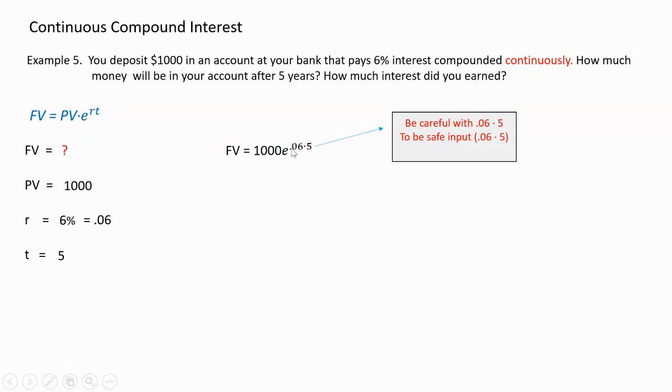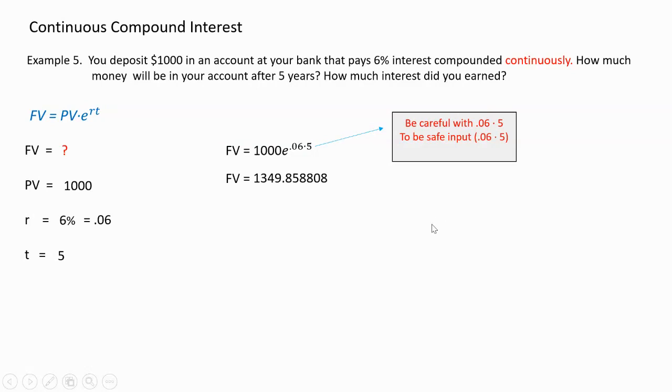Most older calculators don't, so it's wiser to put it in parentheses, because this is a common mistake that students make with an older version of a calculator. If they put 1,000 e to the 0.06 times 5 without parentheses, it's going to give you a wrong result, because it follows order of operations. So just be careful, and to play it safe, put parentheses on the exponents, just the way it is here.